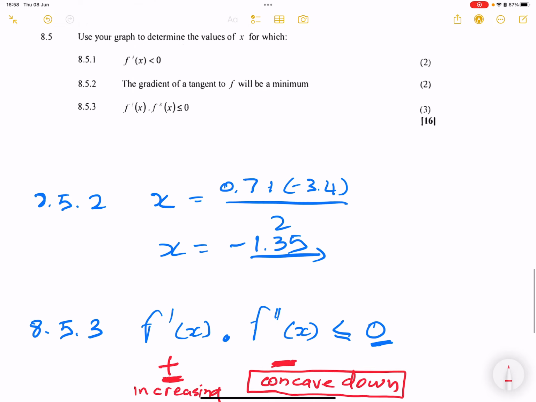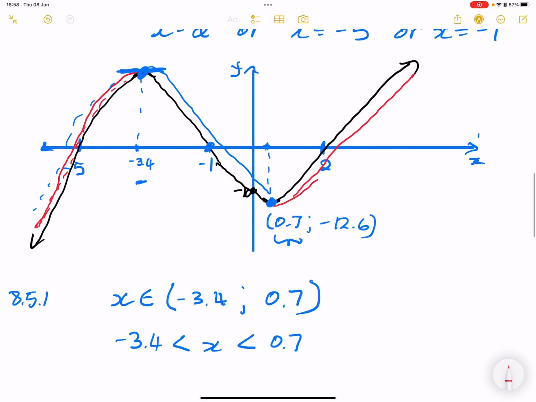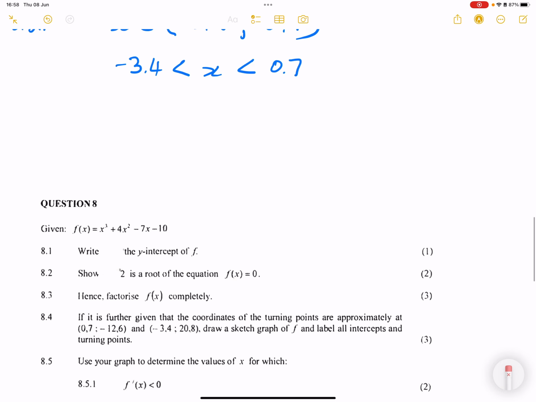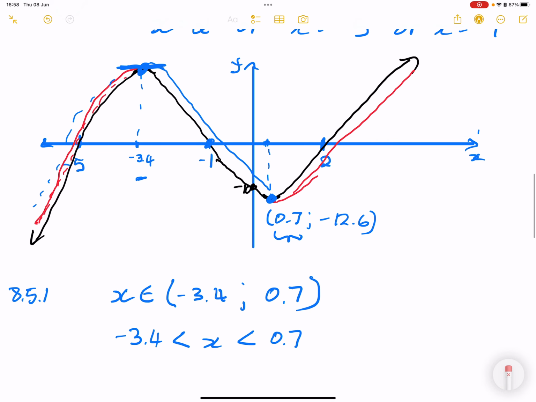Now let's go back to the graph. Where the graph is concave down, that's before that point of inflection. We said our point of inflection was at negative 1.35, which is this value here. So we know the graph is concave down over here. But where is it an increasing function and concave down?